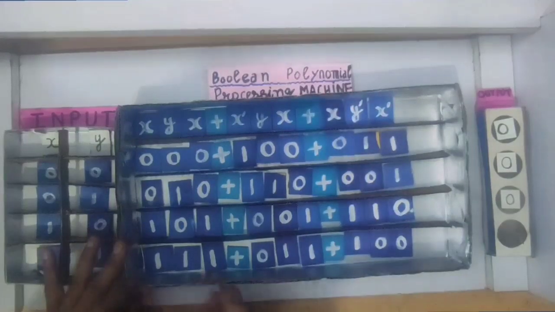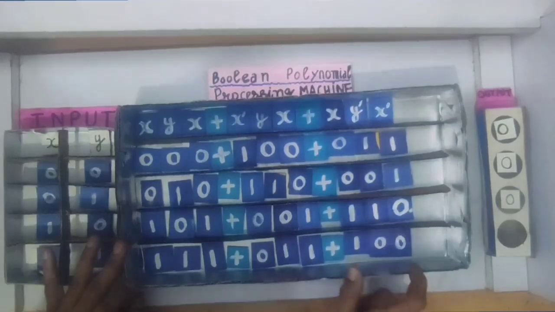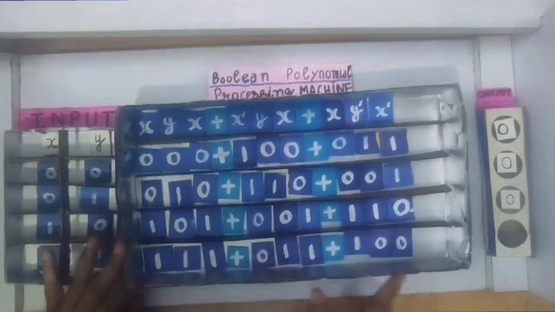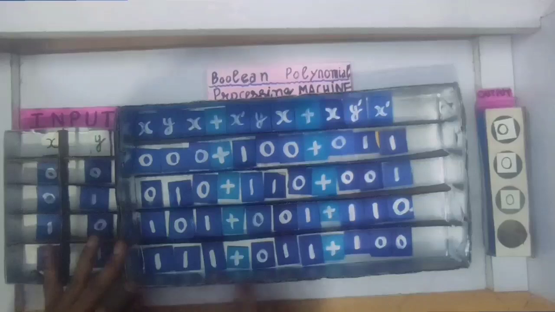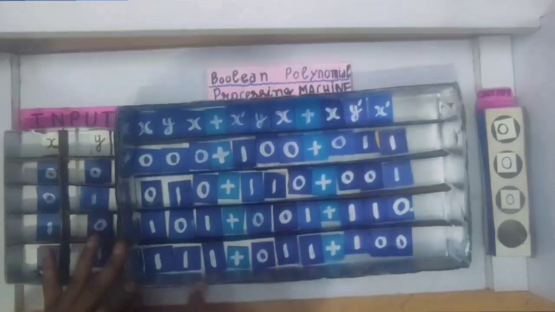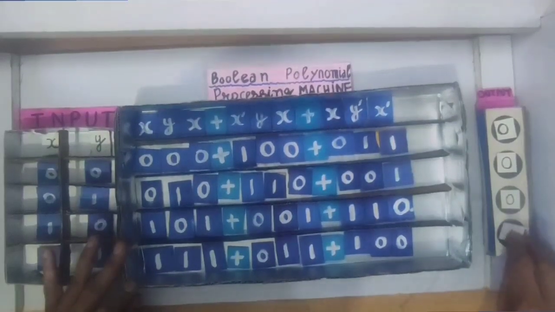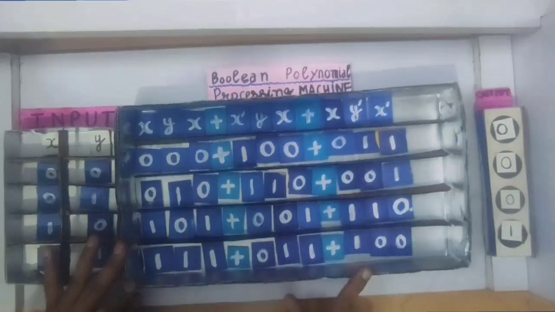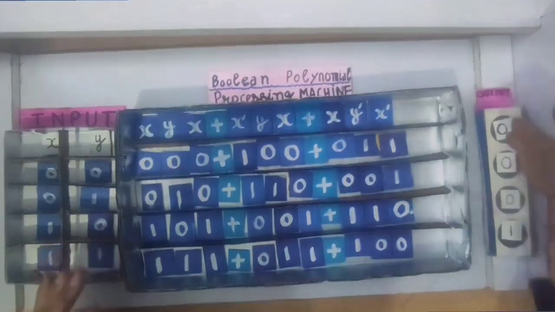So this is 1 plus 0 plus 0, or 1 join 0 join 0. Using the rules of Boolean algebra, because there is a 1 in the join, the value of this whole expression is going to be 1. So this is the output that we have.